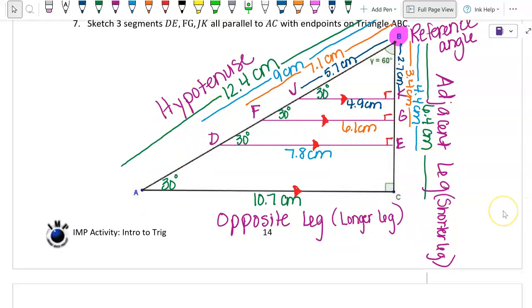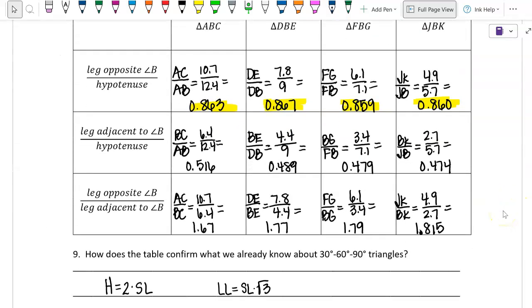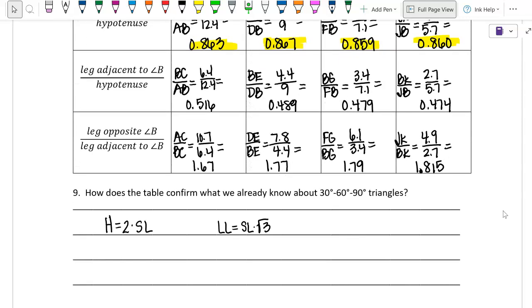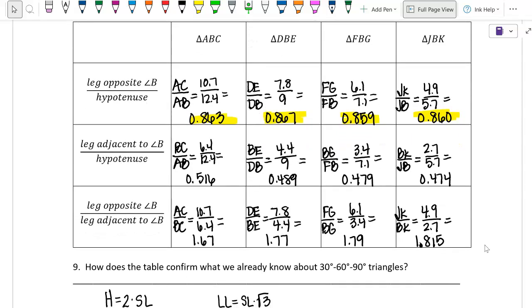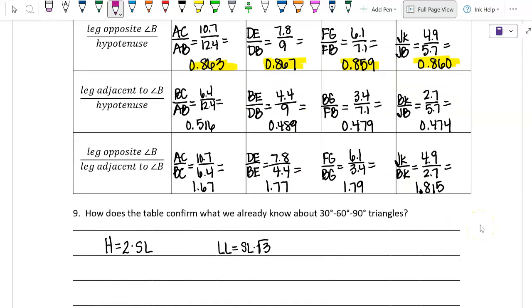So when I go back and look at some of these relationships, where I want the hypotenuse is 2 times the shorter leg, if I'm going to just use that first column, that triangle ABC where we all had the same triangle. If I use that and say my hypotenuse was 12.4 and my leg adjacent in this case is my shorter leg, would be the 6.4.